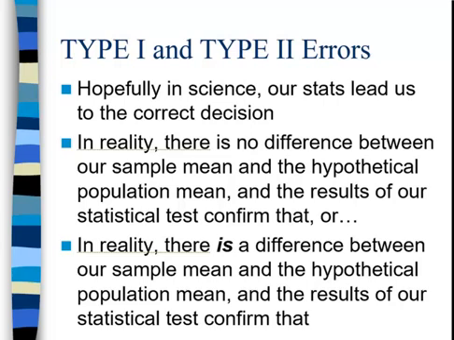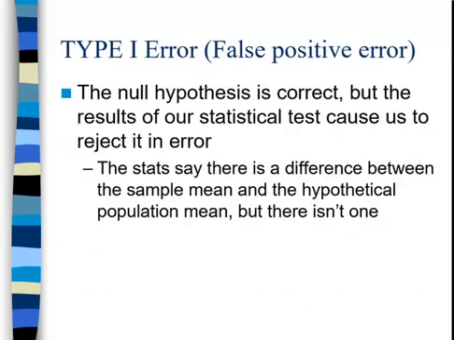Well, there could be times where sometimes the results of our test don't reflect reality, right? And these are type 1 or type 2 errors. So a type 1 error is what we call a false positive error. The null hypothesis is correct, but the results of our statistical test cause us to reject it in error.